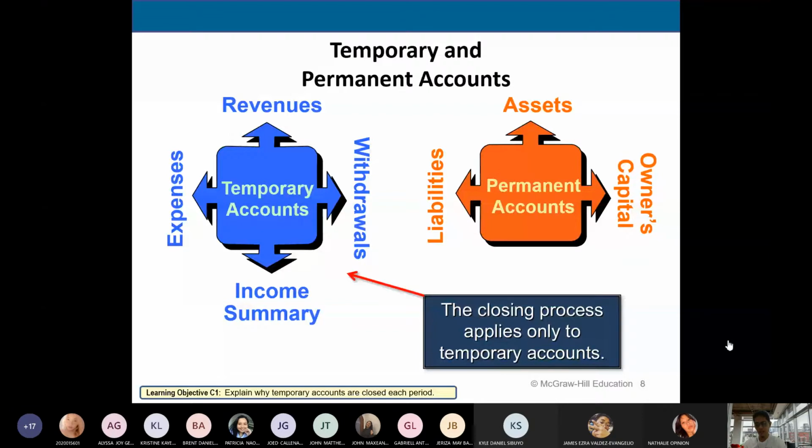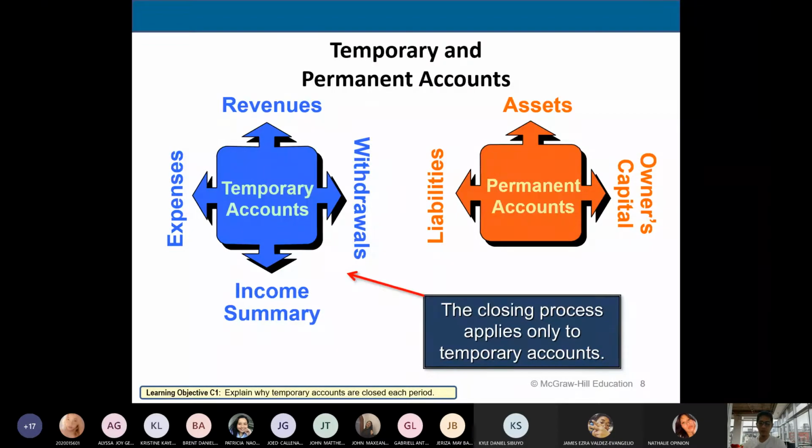So, what's the purpose of the closing process? Sa tingin nyo, anong purpose kaya ng closing process na to? Well, this is to reset revenues, expenses, and withdrawals accounts balances to zero. Bago kasi magsimula ang bagong period or bago tayo mag-start ng taon, di ba?